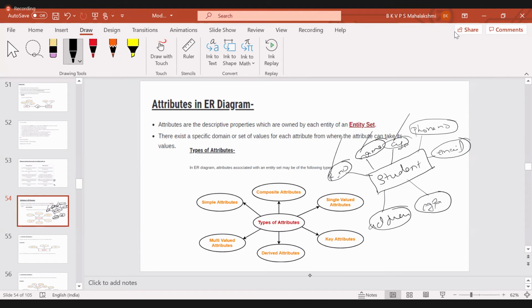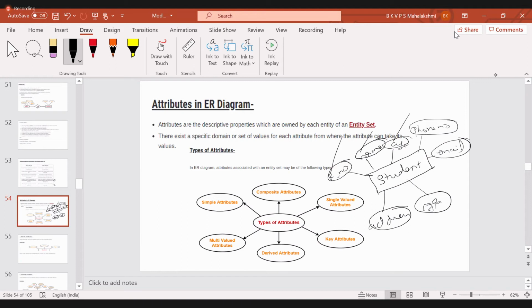No, maybe you might have two phone numbers, like a WhatsApp number and another. So it is not single valued. Email? No. So these are not single valued. CGPA, single value. Address? Maybe there will be a permanent address and a temporary address, so you cannot say this one is a single valued attribute either. So an attribute which has only one value for the record is called a single valued attribute.